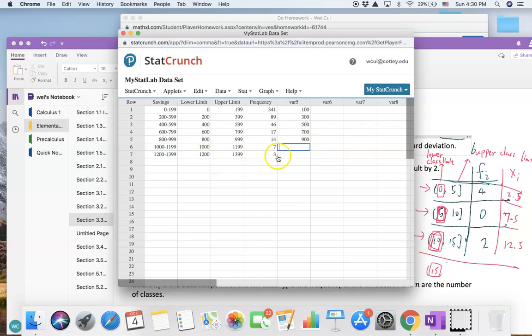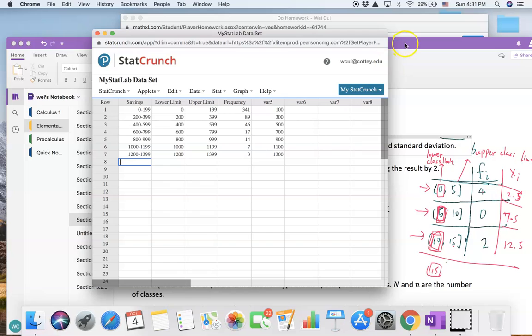Now this is 1100. Okay, now the lower limit for the next class gonna be 1400, even though we're not given that. Okay, so we add 1400 and 1200 and divide by 2, that will be 1300. Okay, so those are the class middle points.